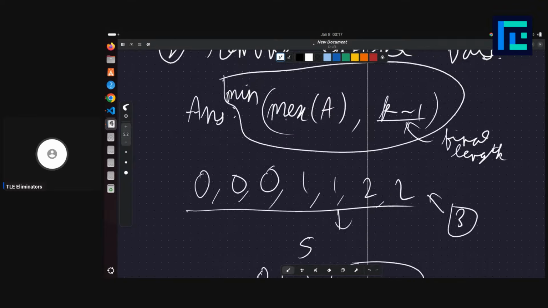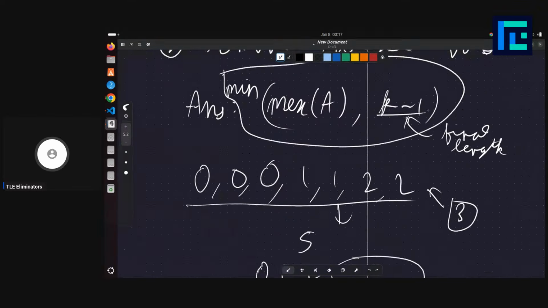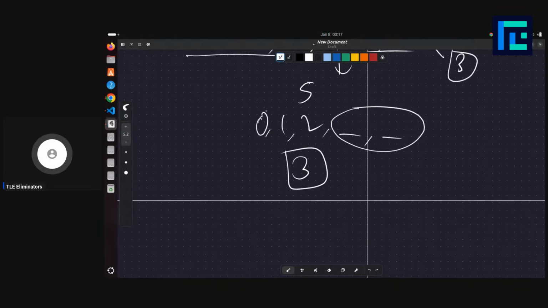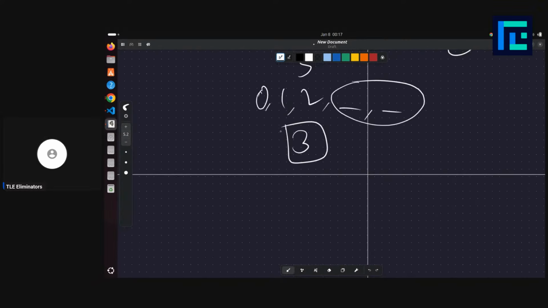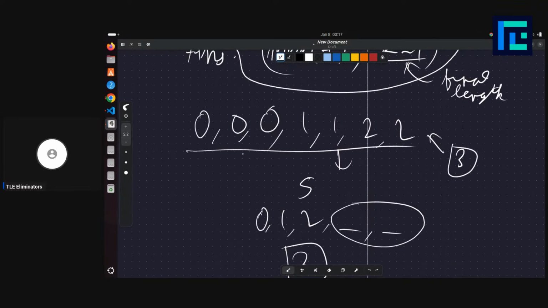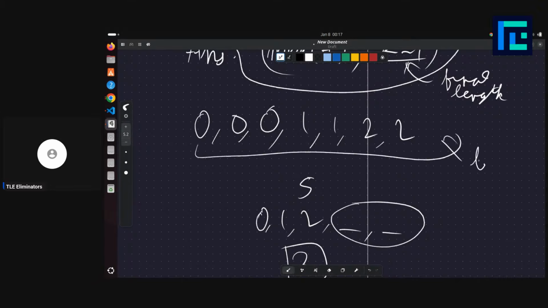So that's why I am taking the max of a, and of course I am taking the min with the length. Let's say the initial array is the same, but the final length I wanted is 2. Then I would just save 0 and 1, because I cannot have more elements than that.